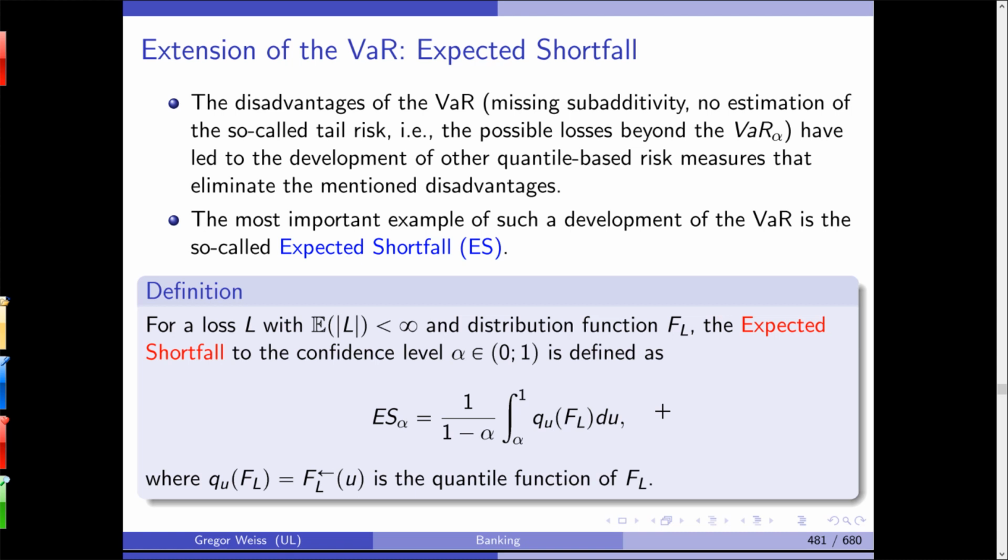So what is expected shortfall? This is the correct mathematical definition. It is the integral from alpha to 1 over the quantile function, divided by 1 minus alpha. Doesn't give us any idea what this is.